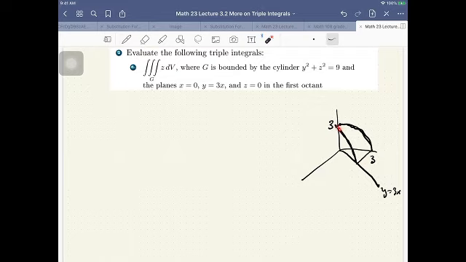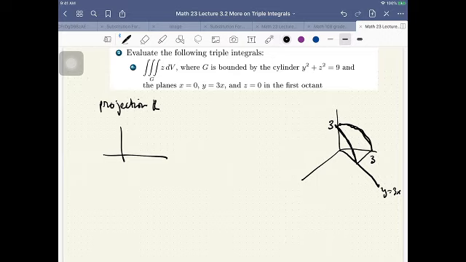I hope you can imagine that this is the solid. And this is clearly a solid of type XY because we can define the projection onto the XY plane. It's nothing but a triangle, so the projection R is the triangle in the first quadrant.